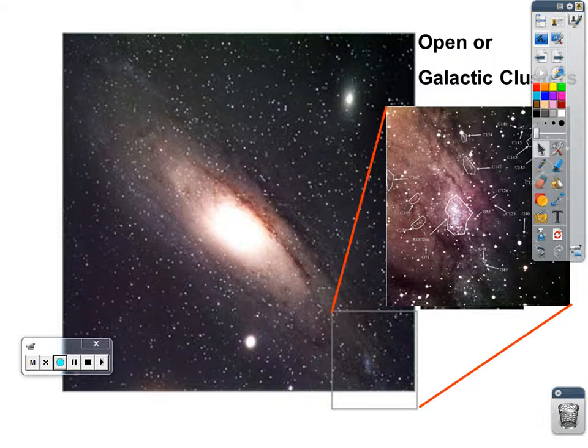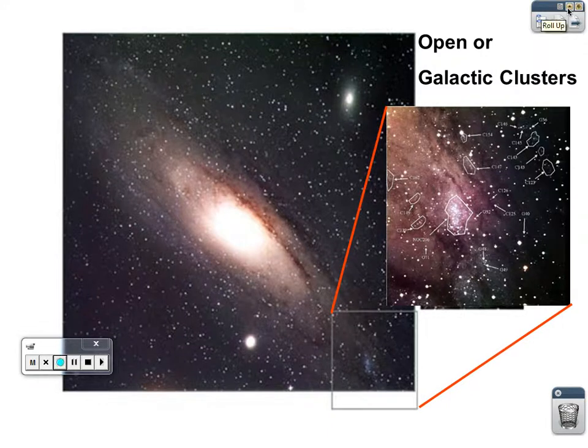The next type of cluster is called the galactic cluster. They used to be called open clusters. I'm still putting it in here just in case you might read their names in textbooks or on sites. We call them galactic clusters because they actually exist within our own galaxy.